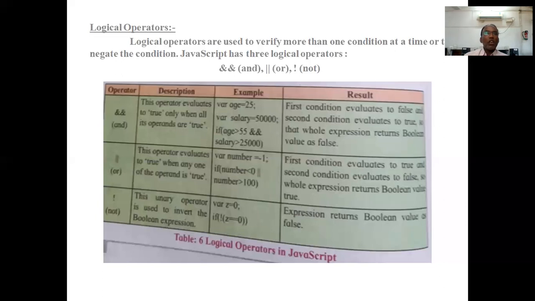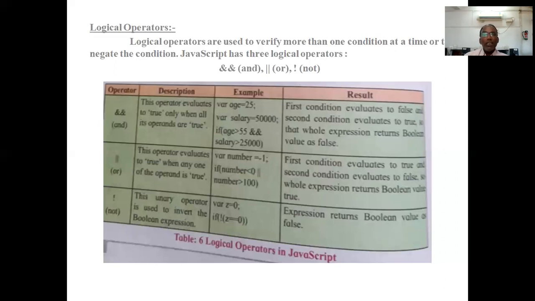So we'll go for the next logical operator, NOT operator. So we'll see the description for this NOT operator. This unary operator is used to invert the Boolean expression. We will see one example.